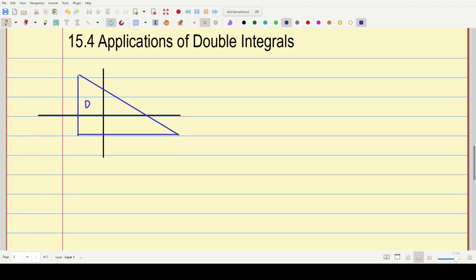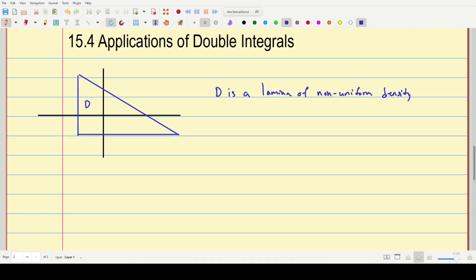Okay, so this is some domain D. Now, D is going to be a lamina of non-uniform density.